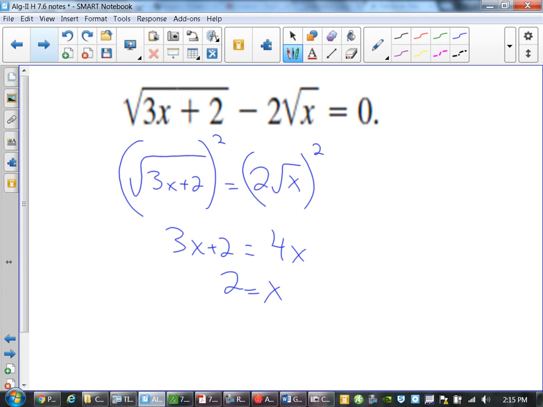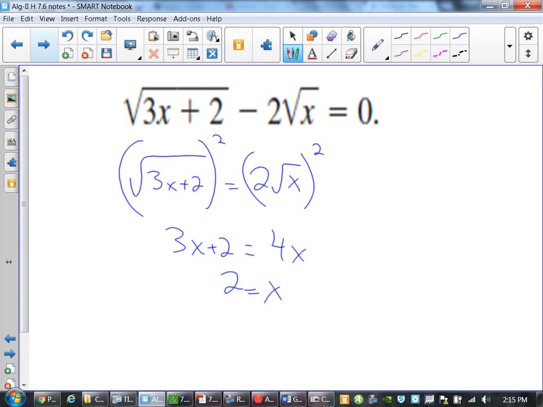Square rooting. If we're square rooting to undo a singular x value, that's what we worry about. When you square it, it doesn't matter. Yes, sir? That is the question. Yeah, here I have to undo this, I square it, so here I have to square the 2 and the x.